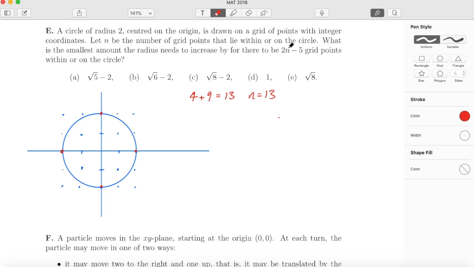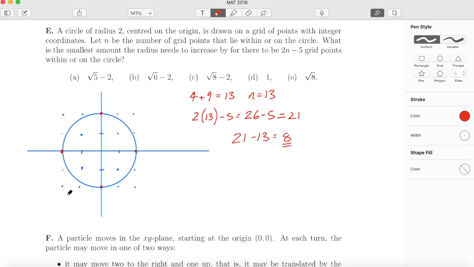We can then work out 2n minus 5, so 2 times 13 minus 5 is just 26 minus 5, which is just equal to 21. So we're looking for an increase up to 21. So that's actually an increase, 21 minus 13, of 8.